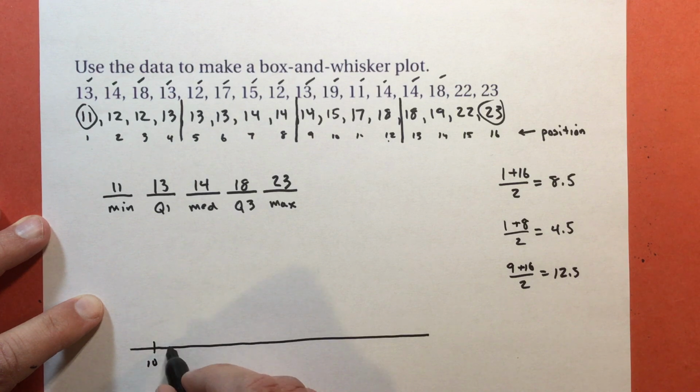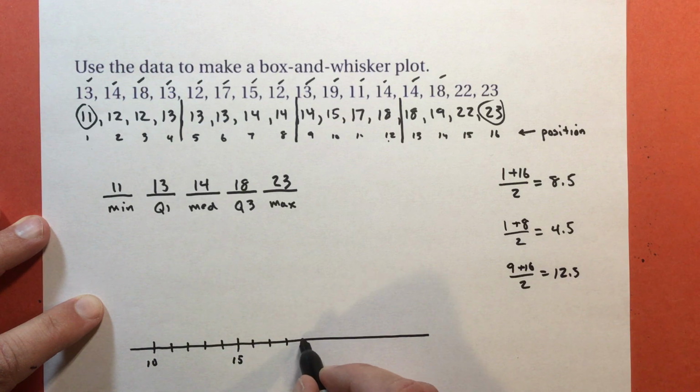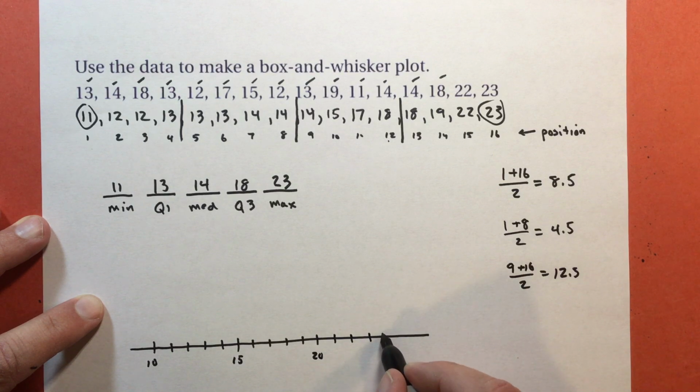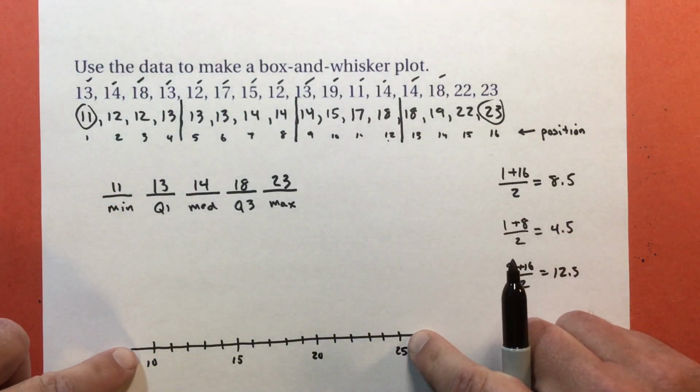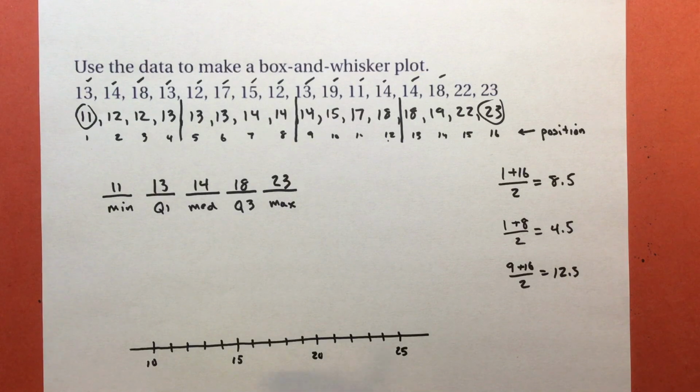So I'm going to start with 10, then I'll do 11, 12, 13, 14, 15, 16, 17, 18, 19, 20, 21, 22, 23, 24, and 25. So everything from 11 to 23 should also be between 10 and 25. This is not even part of the graph, it's just guidance to help me draw the graph.